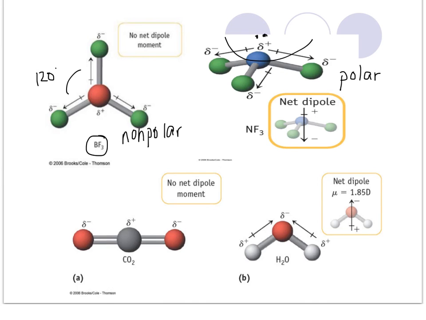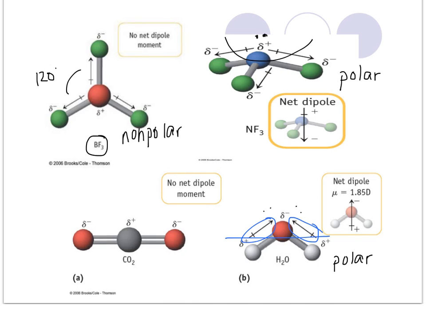It will have a net dipole. If we take a look at the molecule right underneath it, once again, we have a central atom with two lone pairs, and so we can probably predict that this will be a polar molecule. You can see that both dipoles are moving in the same direction, and they will not cancel out, giving us a molecule that has a partially negative and a partially positive end.